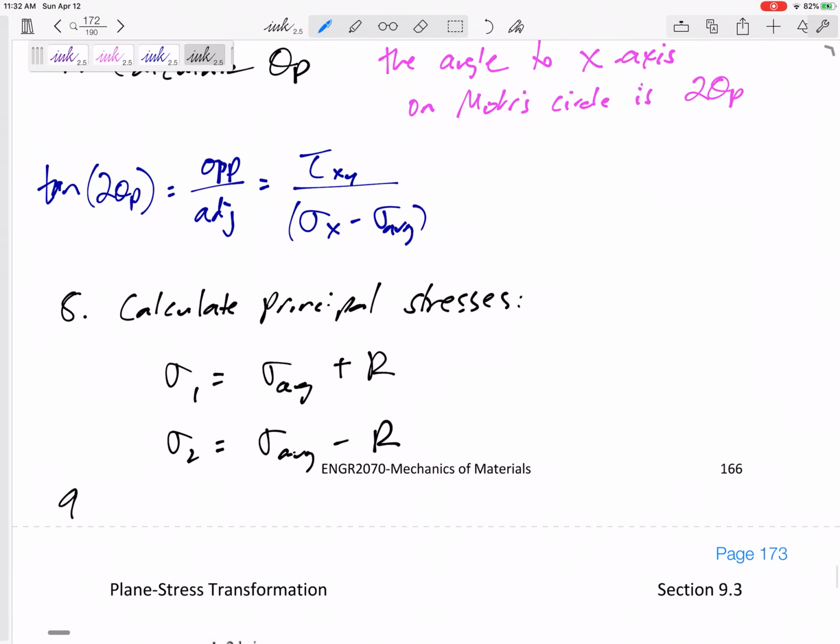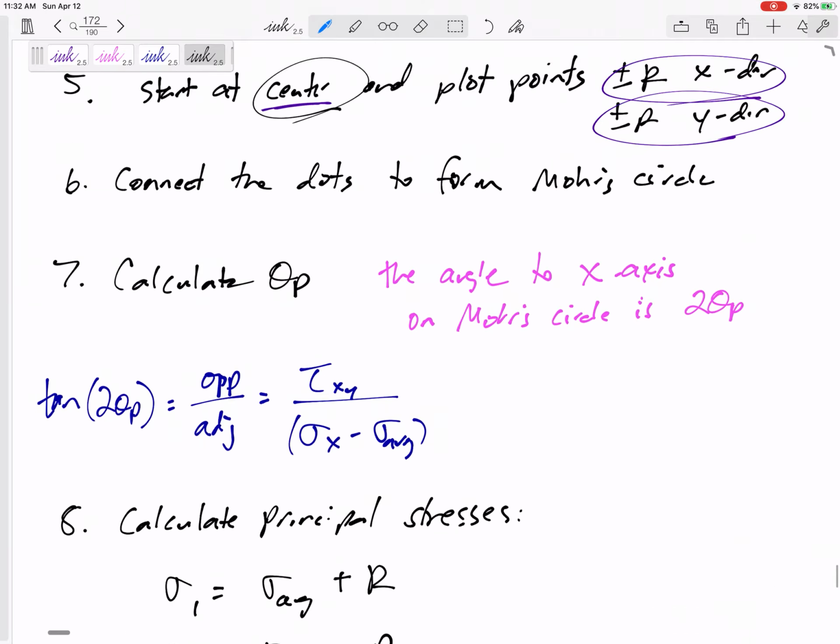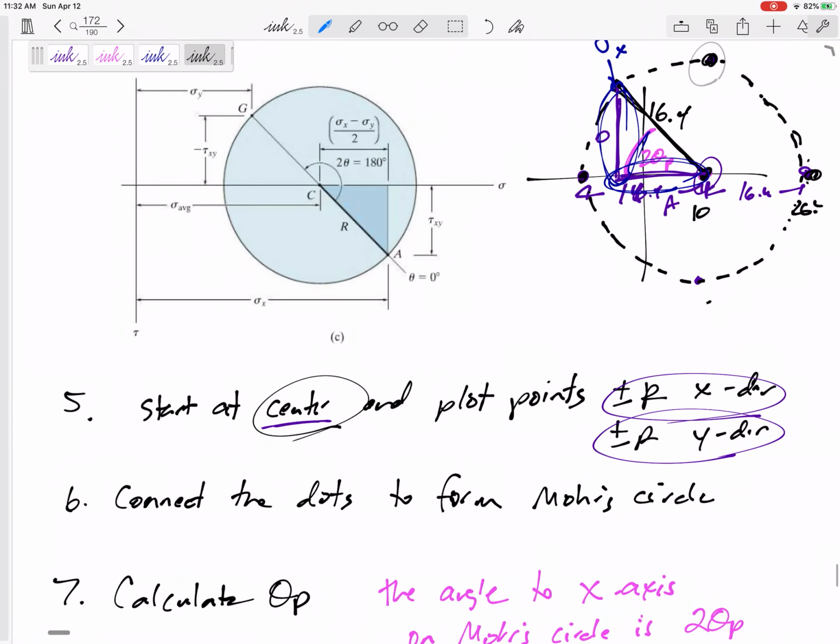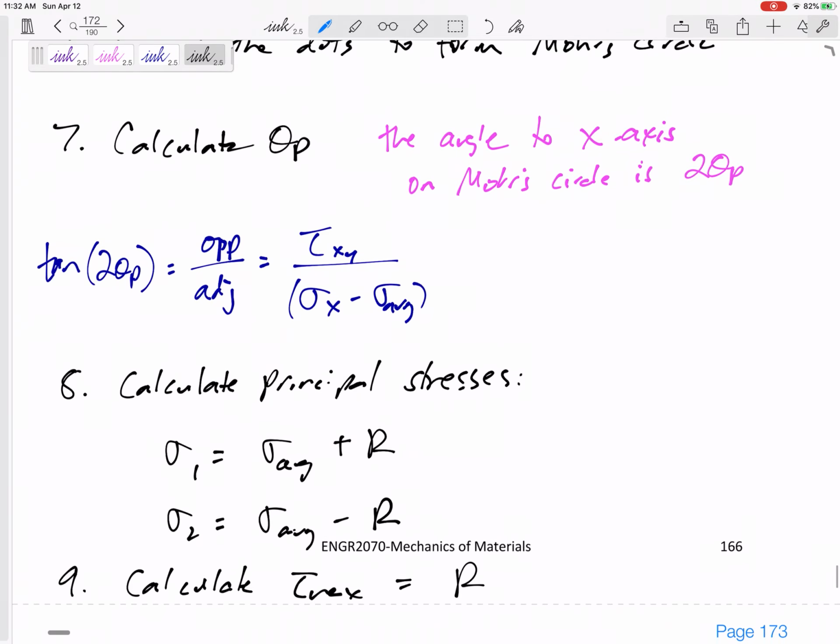Okay, last thing. We have already calculated tau max. That's the radius. Tau max is the radius. If we got on that clipboard, we could see that tau max is the radius.